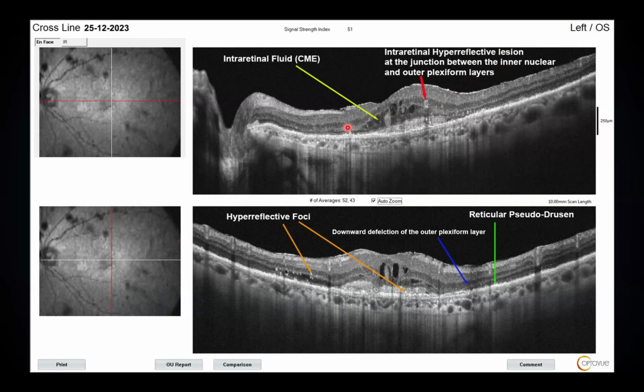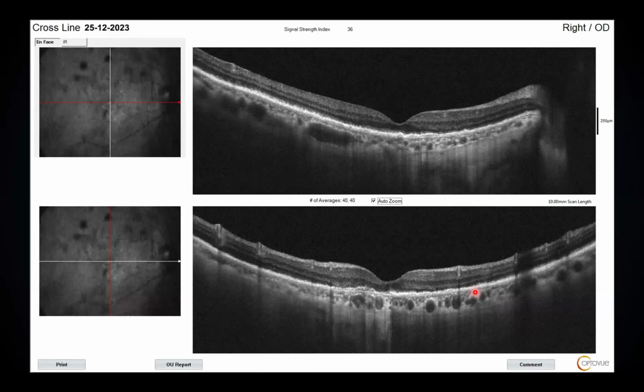We see intraretinal fluid, and the third is the hyperreflective foci. We see the reticular pseudodrusen appearing as projections from the retinal pigment epithelium, and we see the downward deflection of the outer plexiform layer. Here's the right eye, where we can see the hypertransmission into the choroid showing a geographic atrophy.